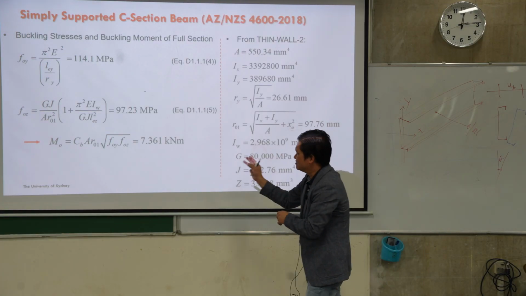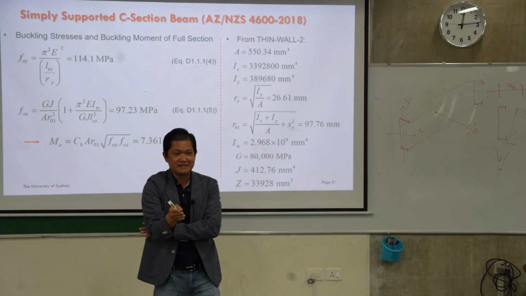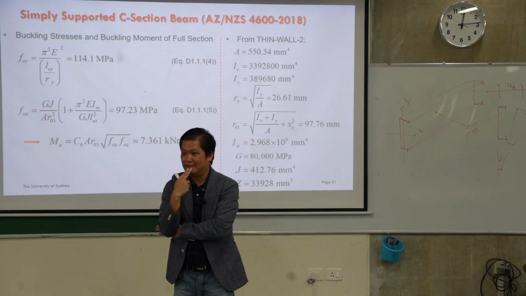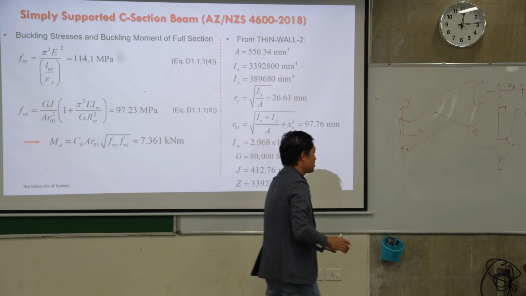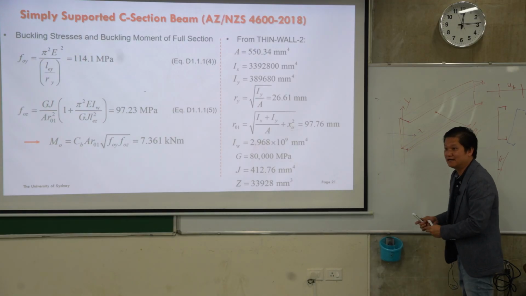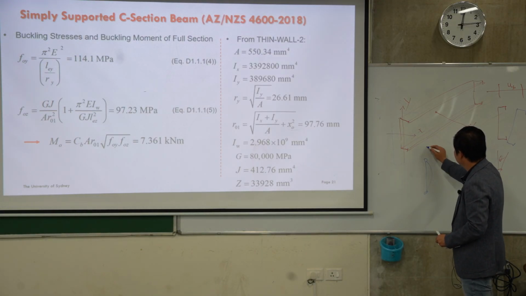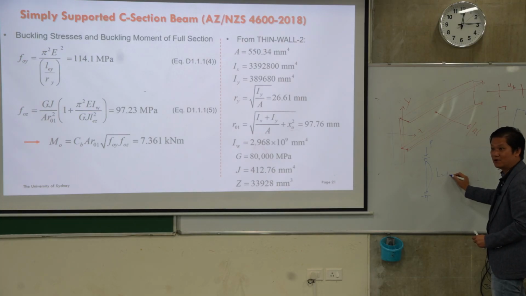Okay, but back to this one. This is in theory. However, in practice, even in the standard code, you remember the columns in hot rolled steel, right? So this is a column beam. When you put the load in here, L effective is 1. Everyone happy, right?